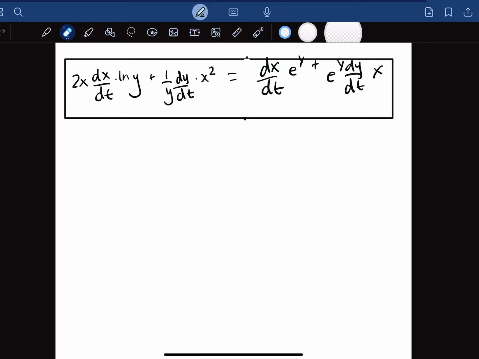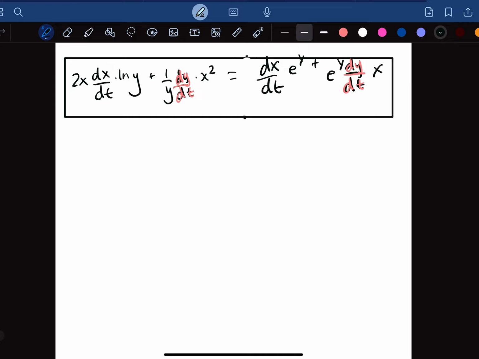And so now for our final step, we need to isolate that dy dt. We have a dy dt here, we have a dy dt here. So let's get everything else on the other side of the equation. So we can subtract 2x dx dt times the natural log of y from this side, and we'll subtract dx over dt times the natural log of y.